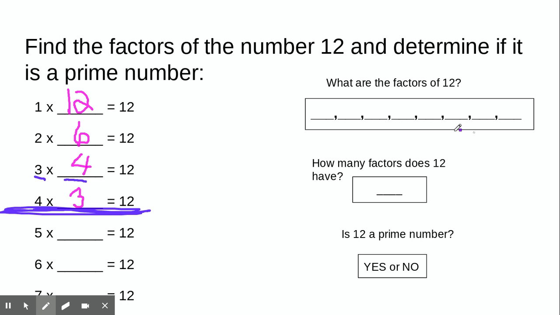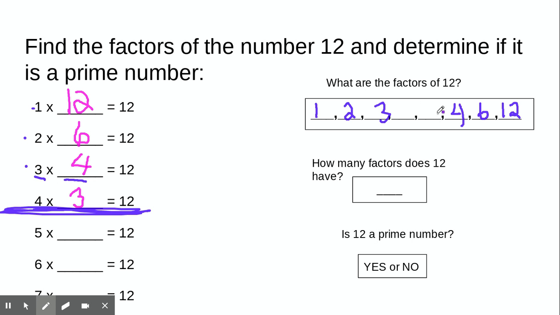Working our way from the outside in, we have 1 and 12. And we have 2 and 6. And we have 3 and 4. And then, whoop, we already listed 3 and 4.